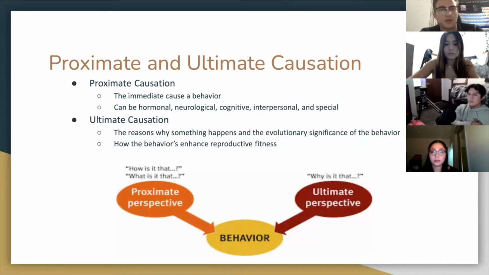And then ultimate causation is the reason why something happens and the evolutionary significance of that behavior. So why is that behavior causing that animal to reproduce and survive?